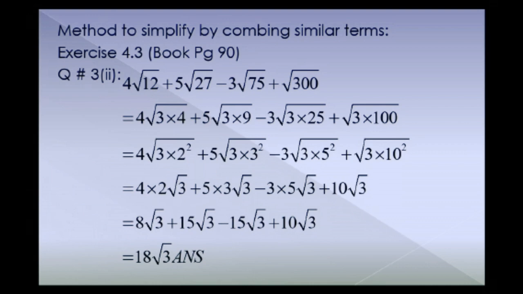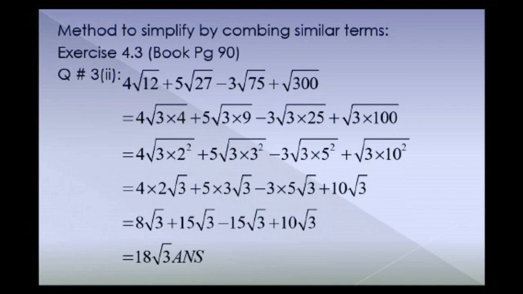Now, the method to simplify by combining similar terms. To explain this, from exercise 4.3 on book page 90, question number 3, part number 2 has been selected. Let's add and subtract the given surds: 4 under root 12 plus 5 under root 27 minus 3 under root 75 plus under root 300.